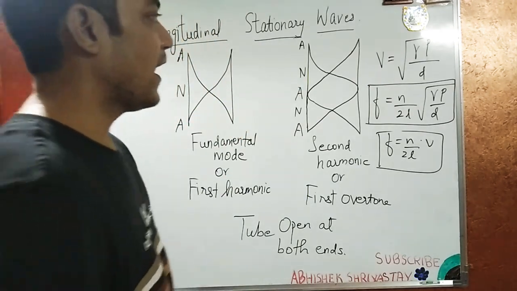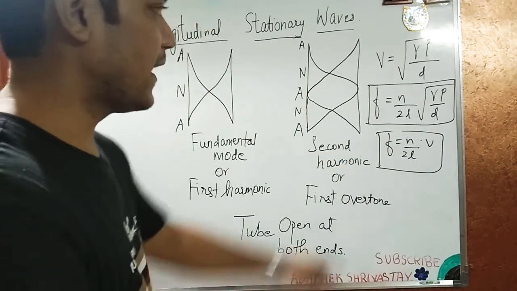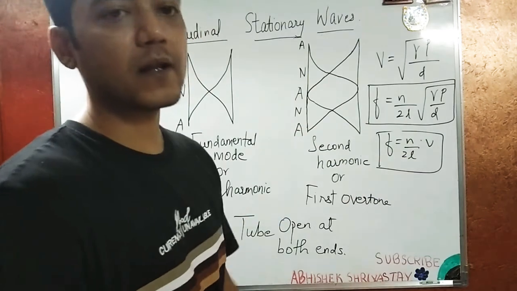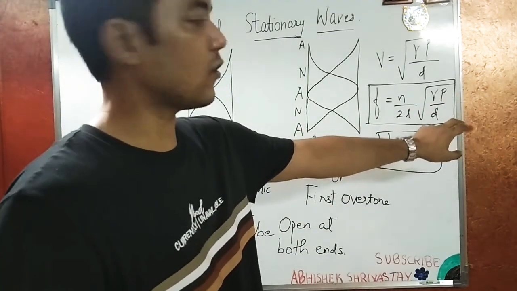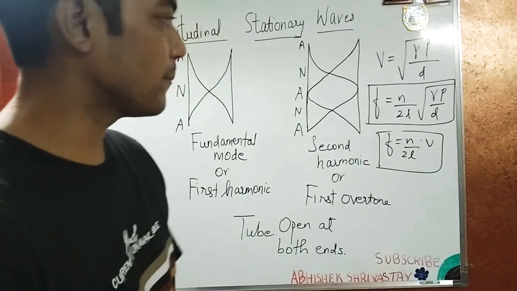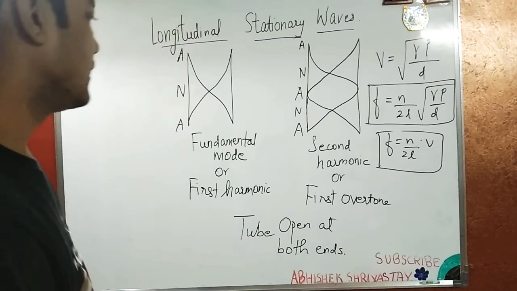N is the number of loops. L is the length of air column. P is the pressure of air column and D is the density of air. So this is the formula for frequency.